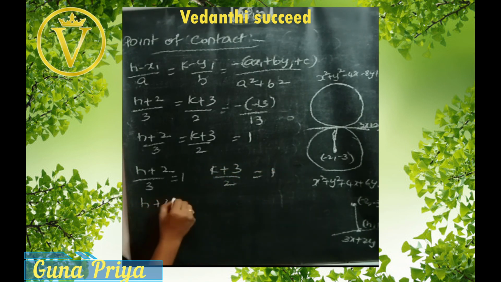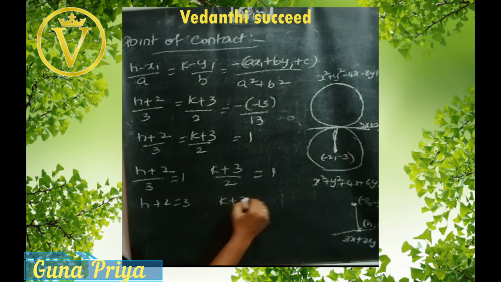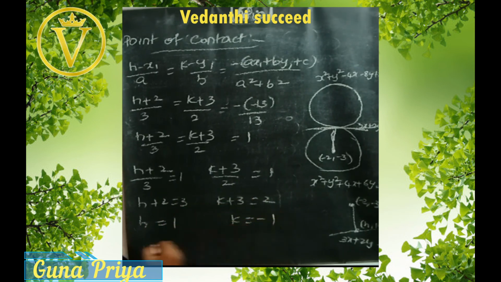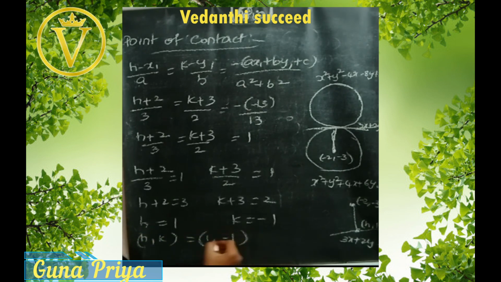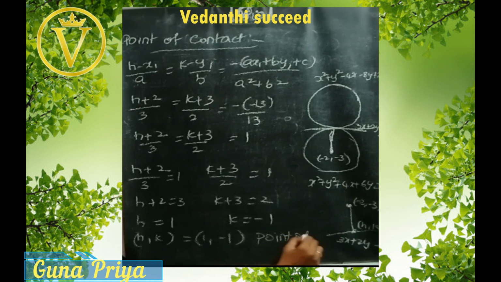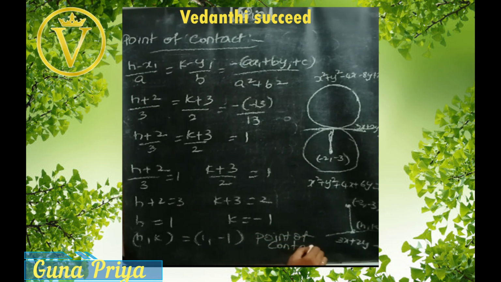So h plus 2 equals 3, k plus 3 equals 2. What's the h value? 1. k is -1. h comma k is nothing but 1 comma -1. That is the value of the point of contact.